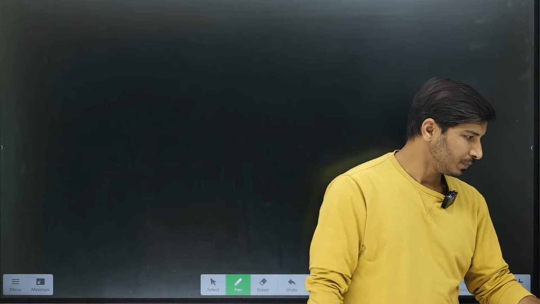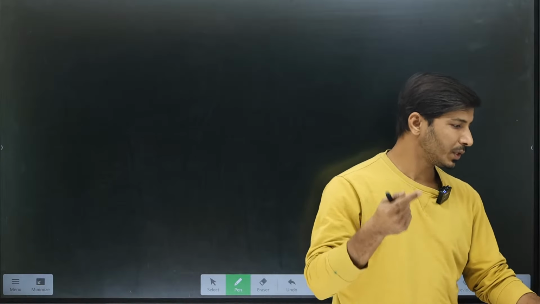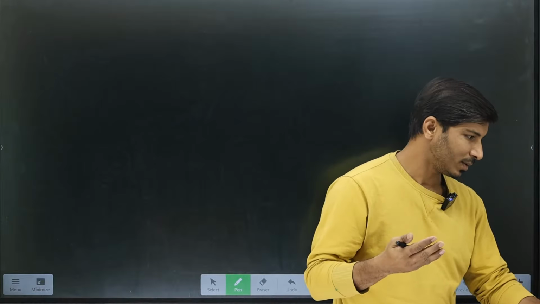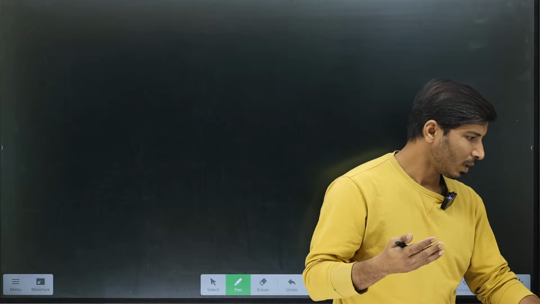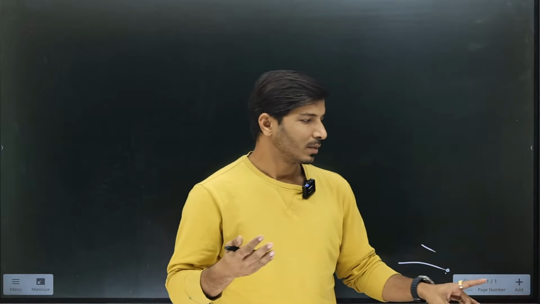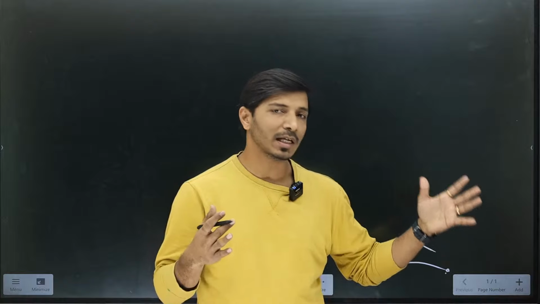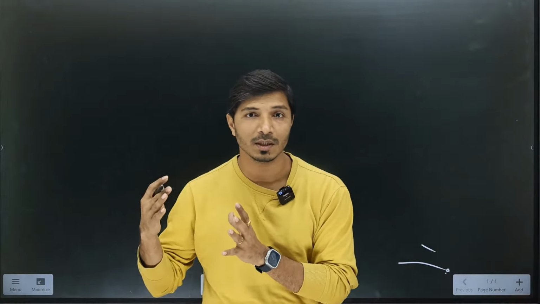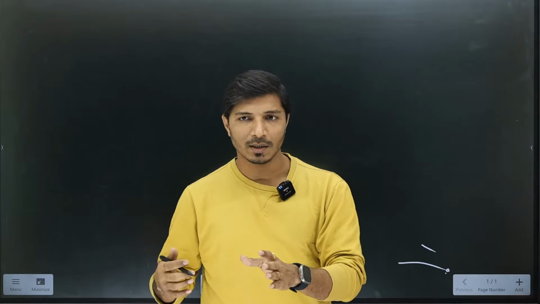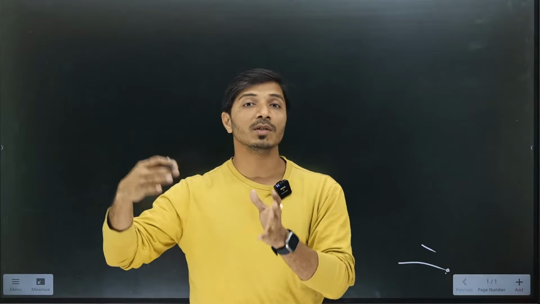Yash is asking, the Journal of Circuit Systems and Computers is not responding to 6 inquiry emails. It's been under review for 7 months. See, this is a kind of sad news, and it happens with many research scholars. We submit a research article, and it may show under review for 6 months, 1 year.